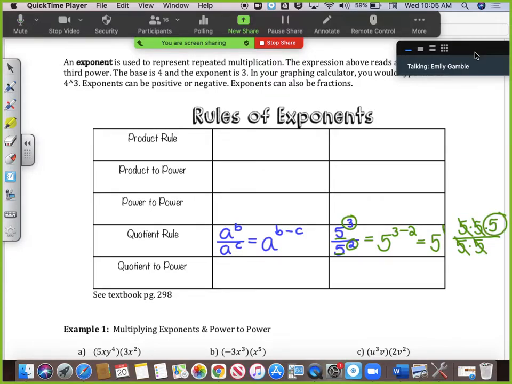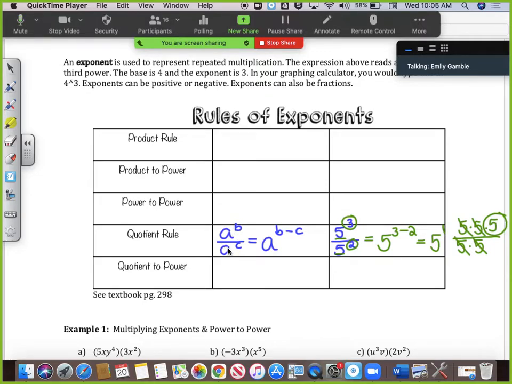I'm only left with one 5. That's 5 to the first power. That's where the quotient rule comes from. It only works when the base numbers are the same, because when you have the same base number, that number is identically the same, so that's why they would cancel out. In fraction form, whenever you have the same number in the numerator and denominator, they cancel out to be 1. That's why the quotient rule works, but it only does work when the base numbers are the same.